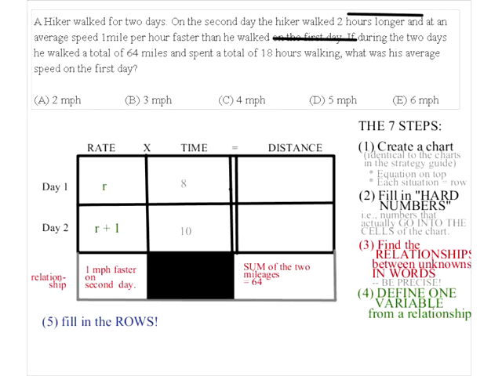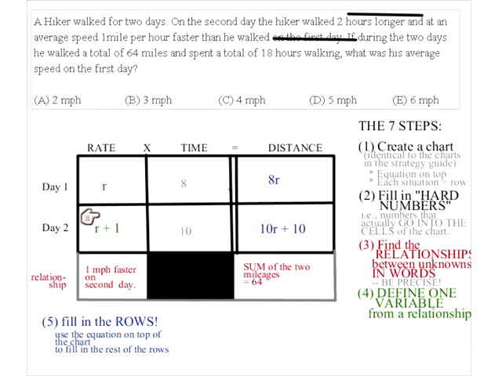So in this case, it's multiply. So use the equation on top of the chart to fill in the rest of the rows. So this is 8 times R, and this is 10R plus 10, because that's how these are.